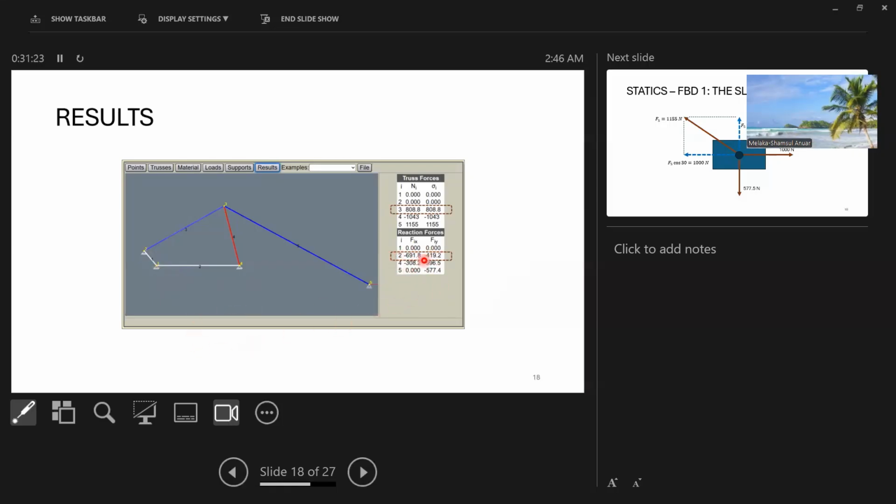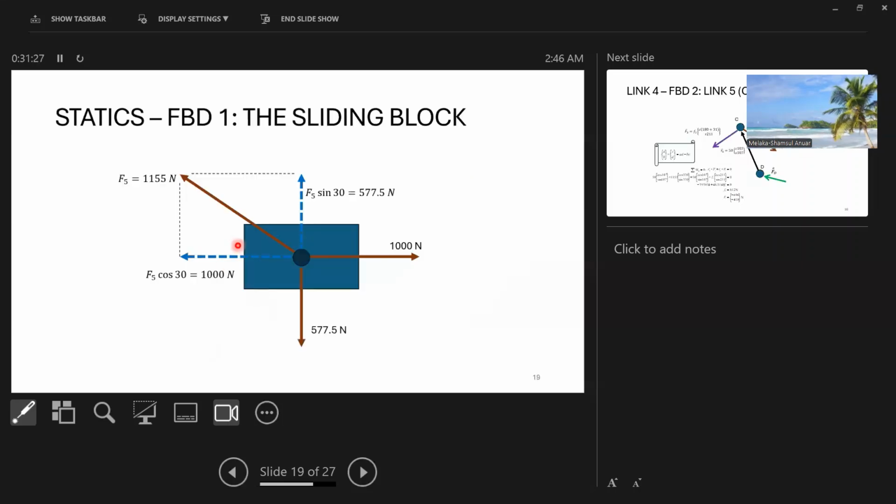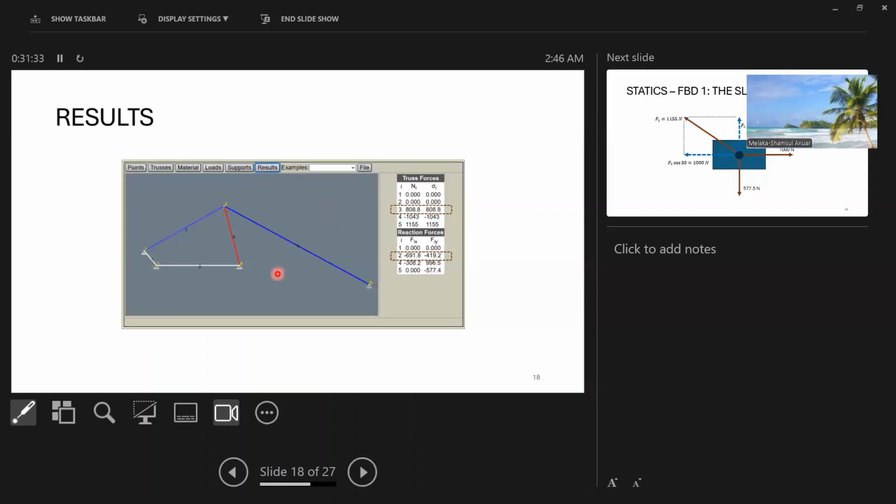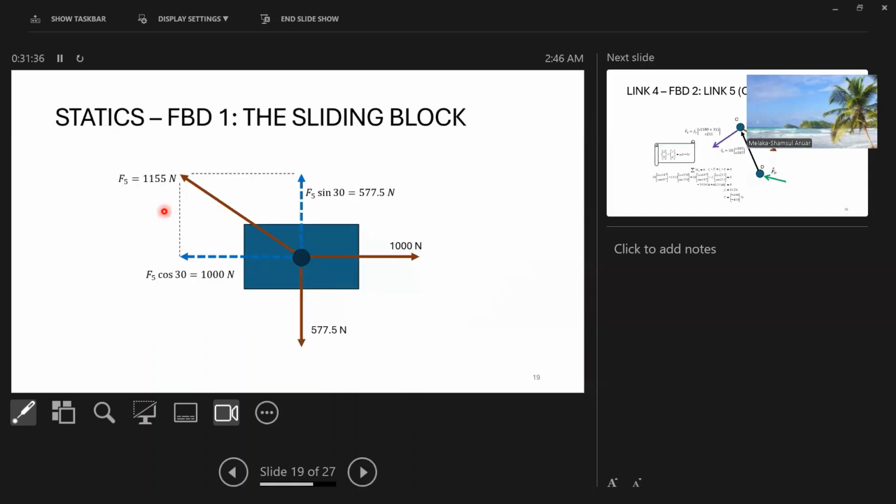We are going to use that to calculate the torque. How do we do that? This is a hand calculation if we do not have access to this program, like in the test. So we are going to calculate starting from the slider. The slider, or the block, will be the input part, because we know 1000 Newton is acting here.